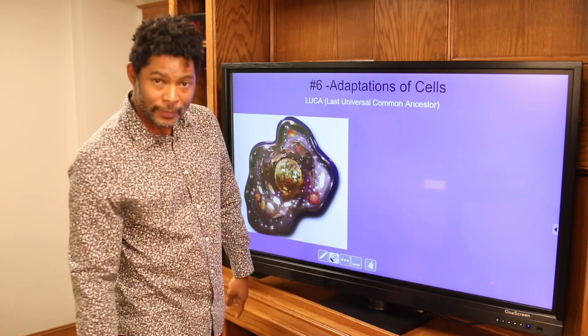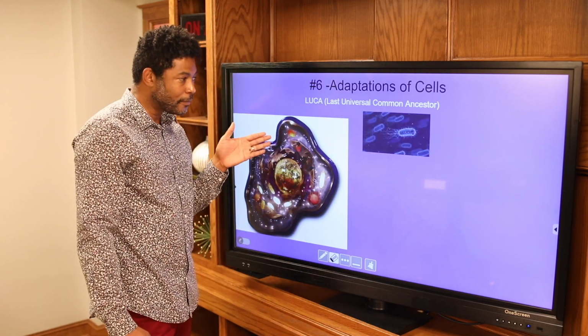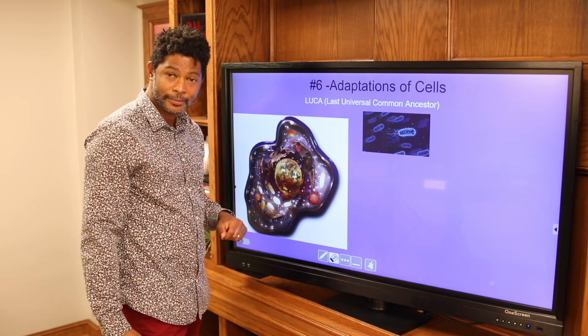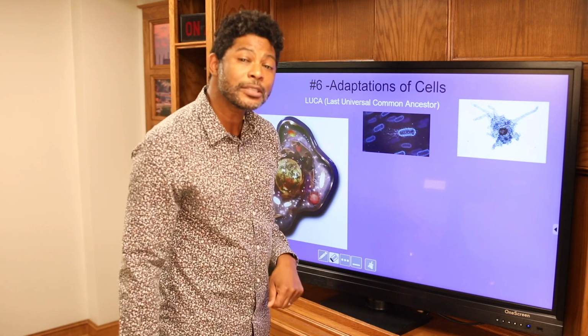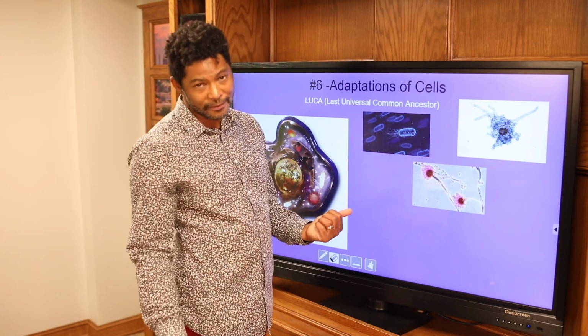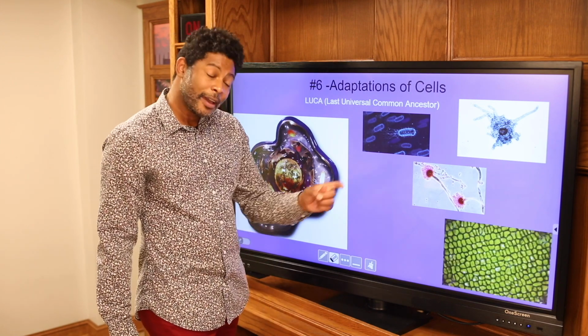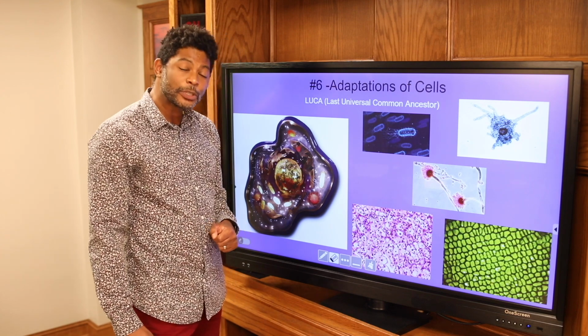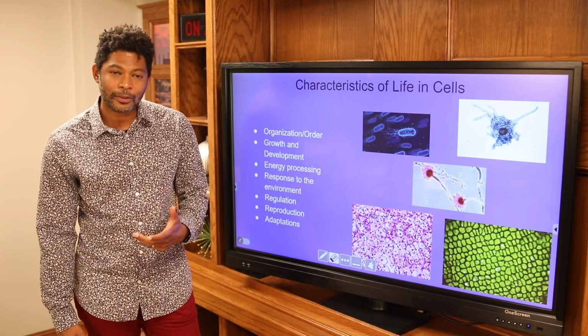Here's what I mean. If you think about it, from LUCA, last universal common ancestor, you get bacteria, you get protists or protista, you get fungi, he's a fun guy, plant cells, and animal cells.